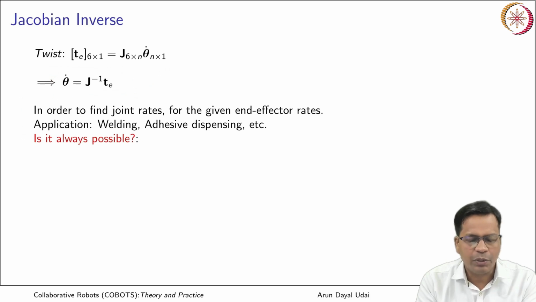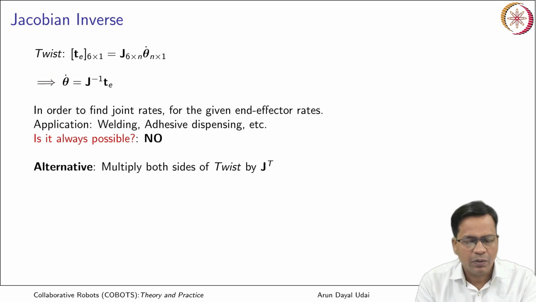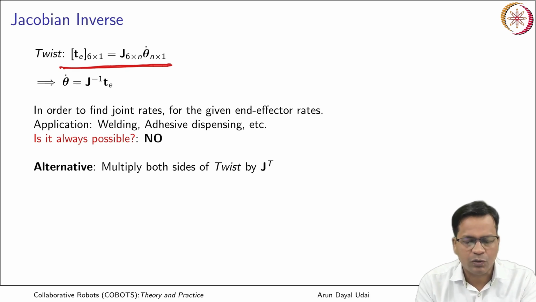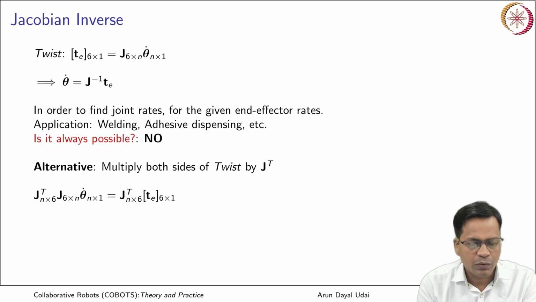Is it always possible? It is not, because it may or may not be a square matrix. So an alternative approach would be, if this is the equation, multiply both sides of it by Jacobian transpose, so you get this over here and this side is here.